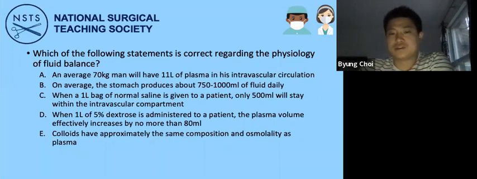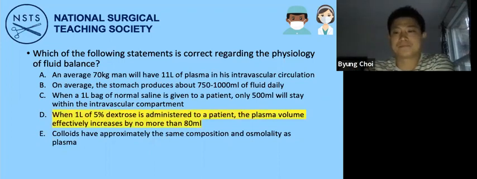Okay, so the answer that's correct for this question is D. So when you give a liter of 5% dextrose, the plasma volume only increases minimally, not a lot at all, around 8%, of which the 5% dextrose is retained in the intravascular space, which is part of the plasma volume.